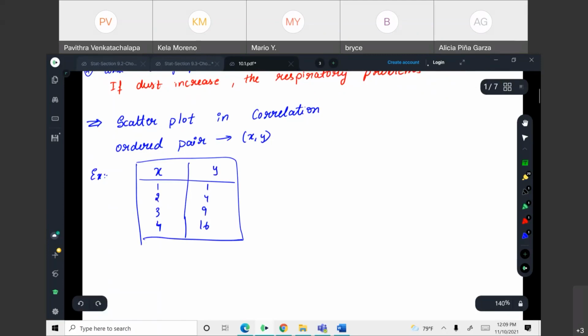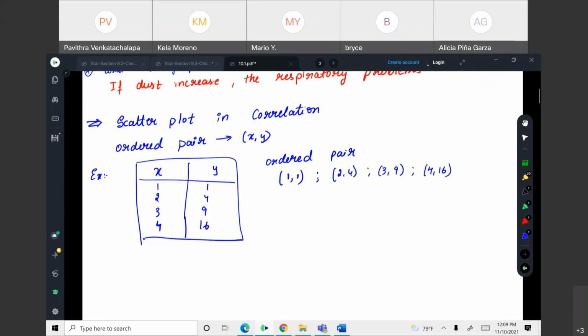If I tell you to write in ordered pairs, this is how you have to write. X first, so (1, 1). This is an ordered pair. Next, (2, 4). You cannot write (2, 1). That is wrong. It has to be corresponding values. So this is (3, 9), and this is (4, 16). So when you have a question that says write in ordered pairs, this is how you have to write.